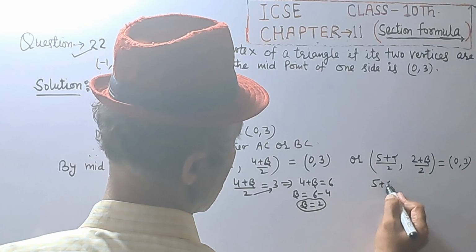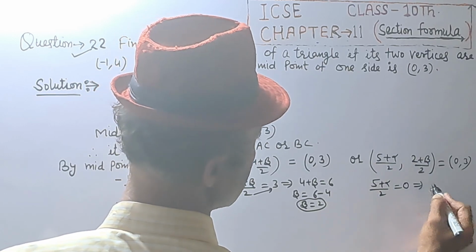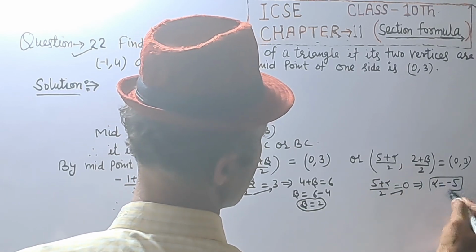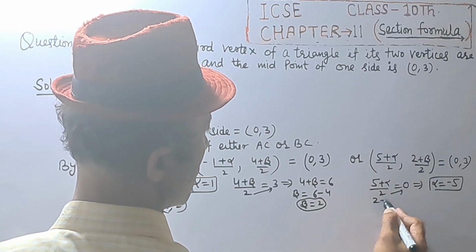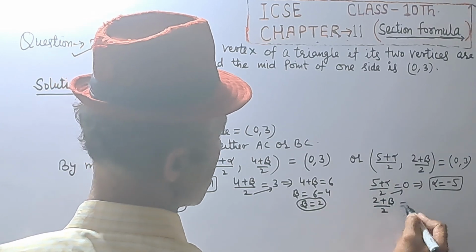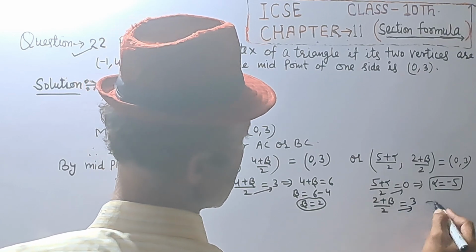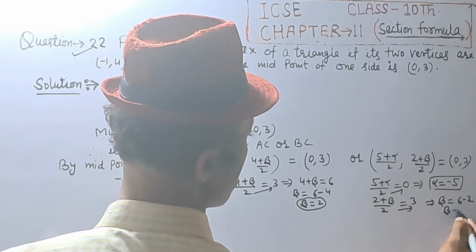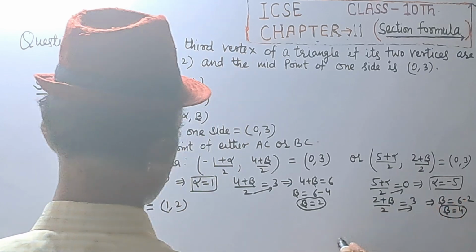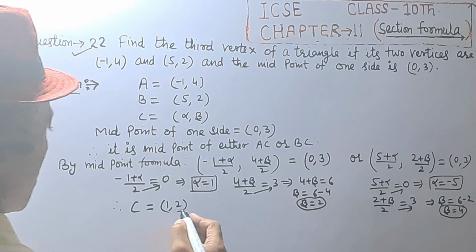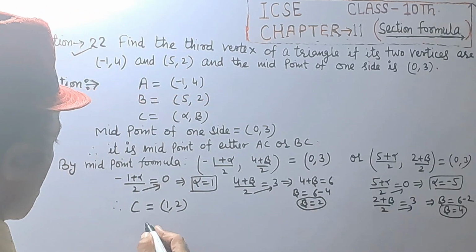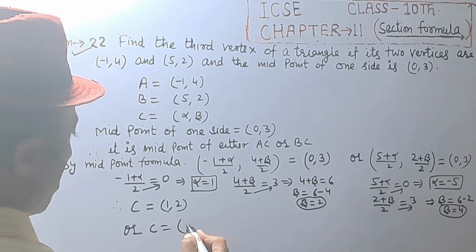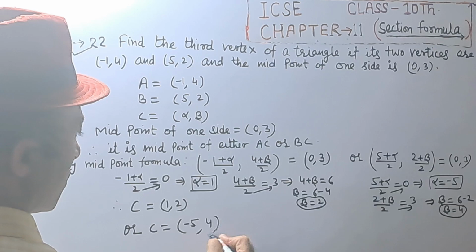Or (5 + alpha)/2 = 0, which implies alpha = -5. And (2 + beta)/2 = 3, so 2 threes are 6, beta = 6 - 2 = 4. So C = (-5, 4).